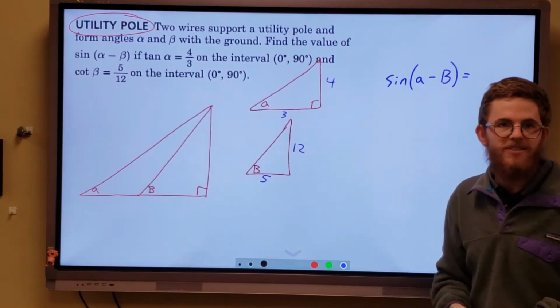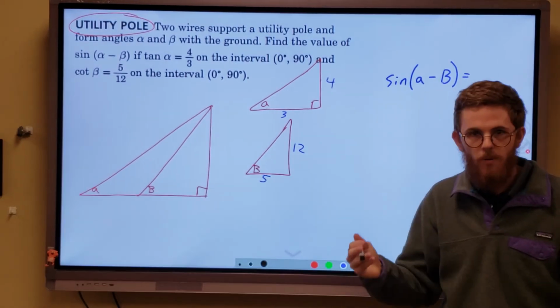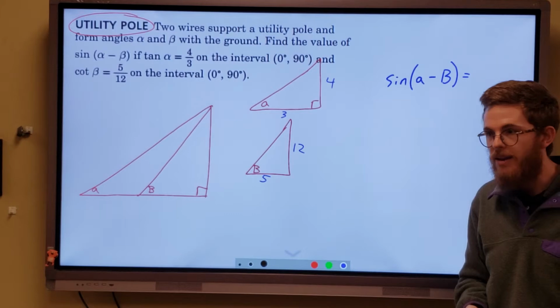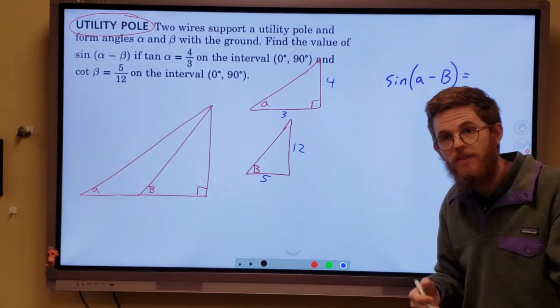If we want to find sine of A minus B, we have to use an identity. Wow, an identity. Sine of A minus B is a difference identity. Sine of something minus something else, we can split that up.